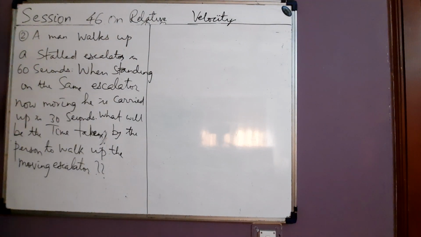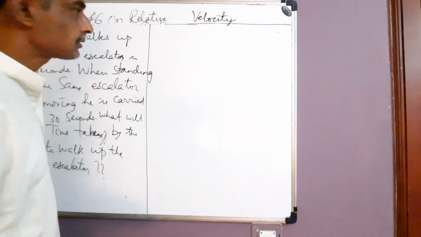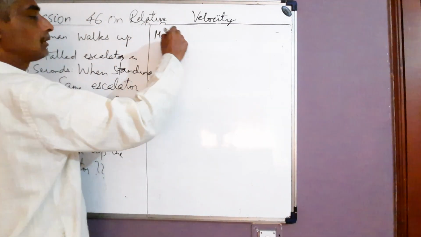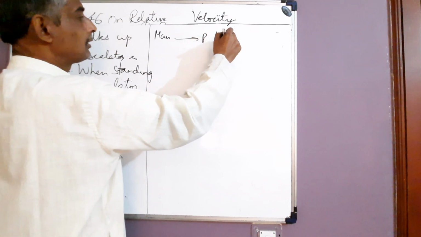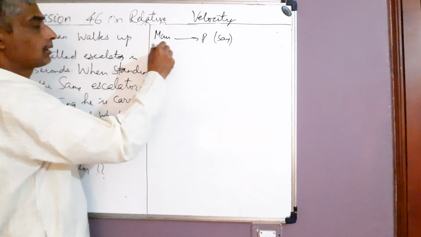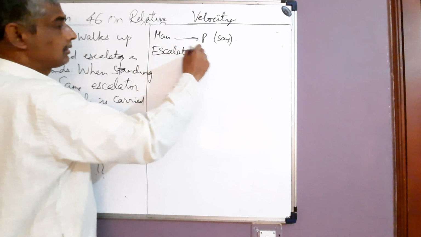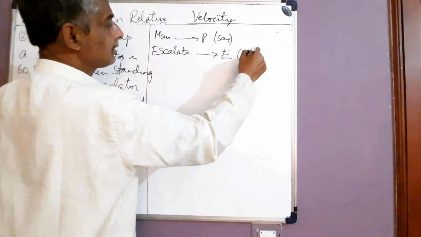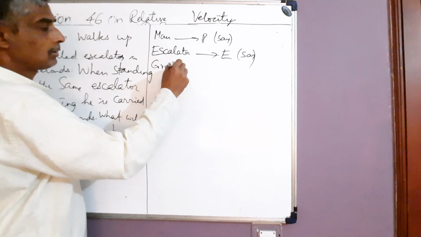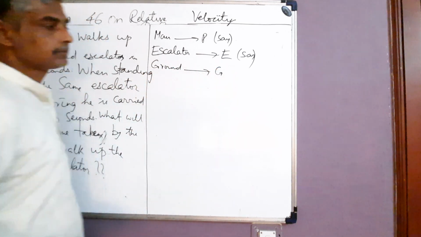So now, first of all, we identify the object and frames. The object under consideration is the person, the man, denoted by P, say. Instead of the M frame, we have the escalator, denoted by E, say. Instead of the F frame, we have the ground, denoted by G, say.